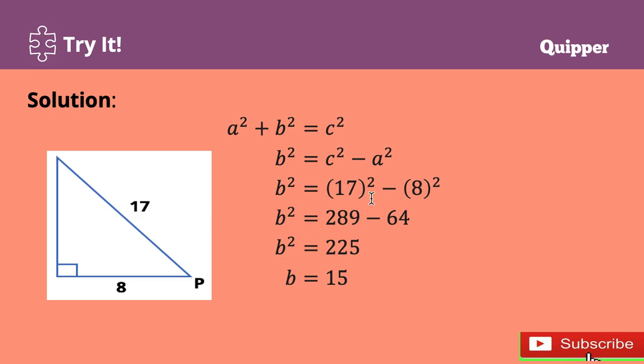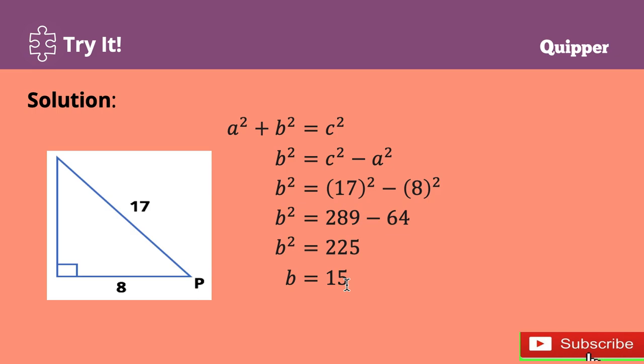So we have 17 squared minus one of the legs, the shortest leg, which is 8, so 8 squared. 17 squared is 289, that's 17 times 17, and 8 squared, or 8 times 8, is 64. 289 minus 64 is 225. Then to get the value of b, just take the square root of both sides. The square root of 225 is 15. Therefore, our opposite side is equal to 15.